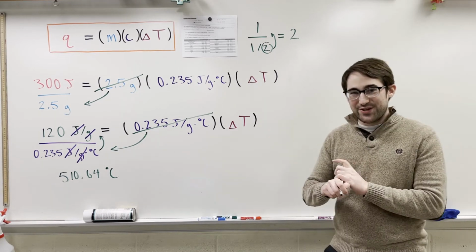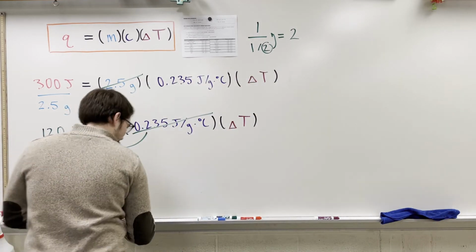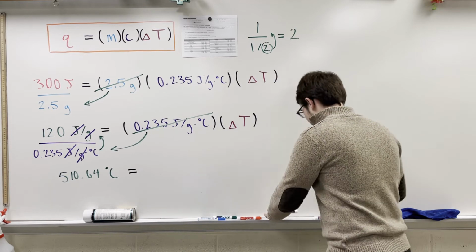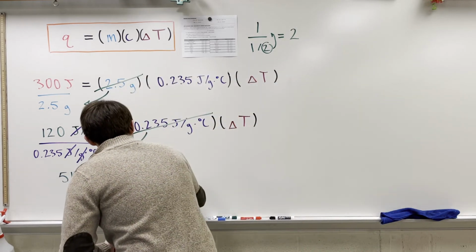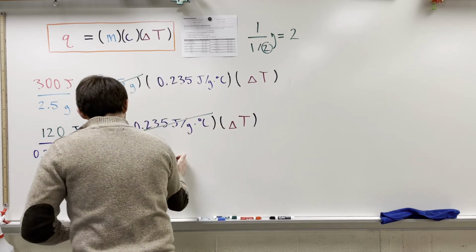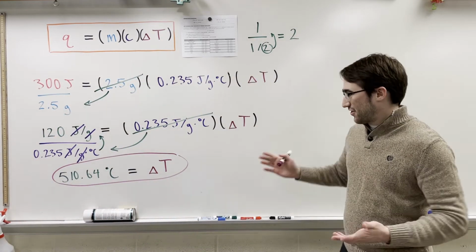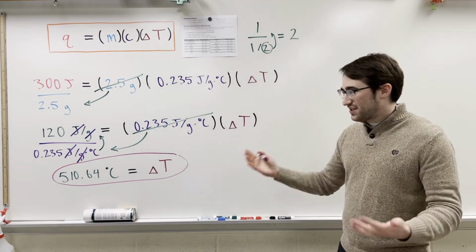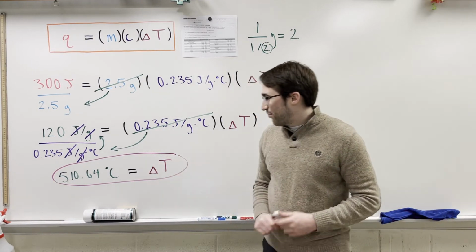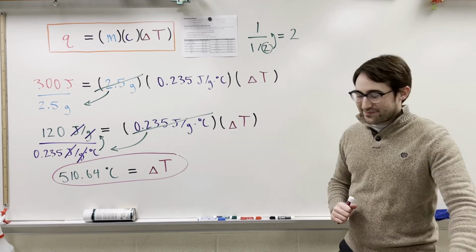I should have something with a unit of degrees Celsius. Okay, so that's my answer. My silver changes its temperature by 510.64 degrees Celsius. Okay, that's my delta T.